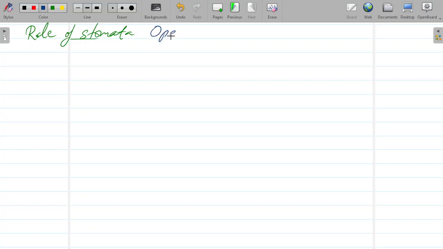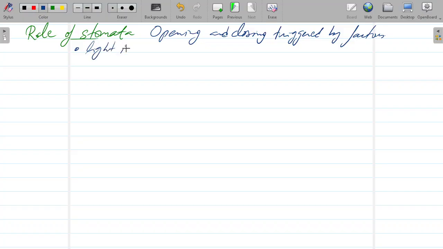So the opening and closing can be triggered by factors such as light intensity, and then carbon dioxide concentration and humidity.